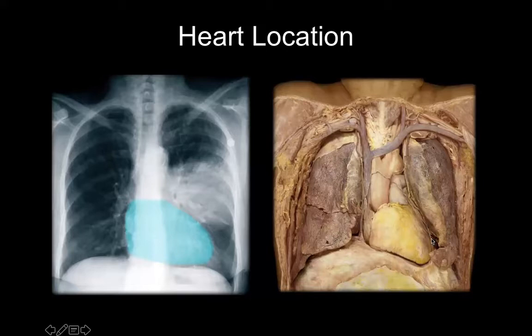If you remember, we learned about the cardiac notch in the lungs, and you can see how the heart is so close together with the lungs. The function of the heart, or the pumping of the blood through the two systems, which we will learn, is in conjunction with the respiratory system.